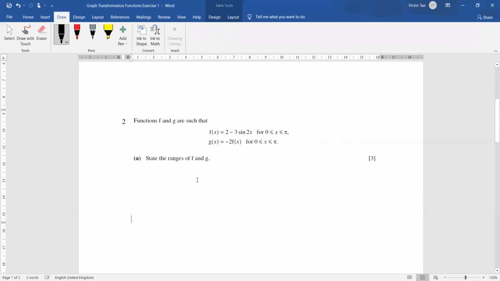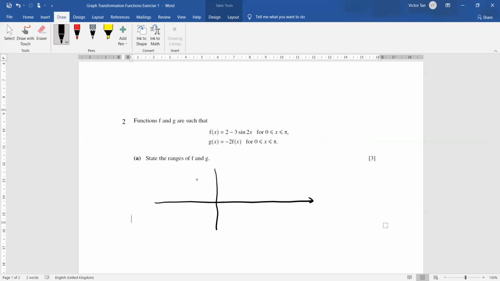In your AS and IGCSE, you would have learned about the period and sketching of graphs. So if you look at this function, the graph of f(x), 2 minus 3 sine 2x, I will try and sketch.